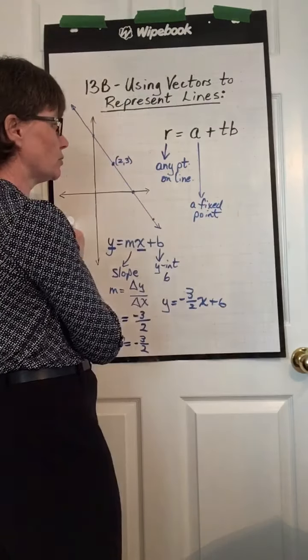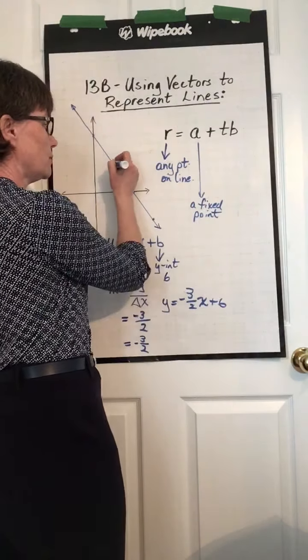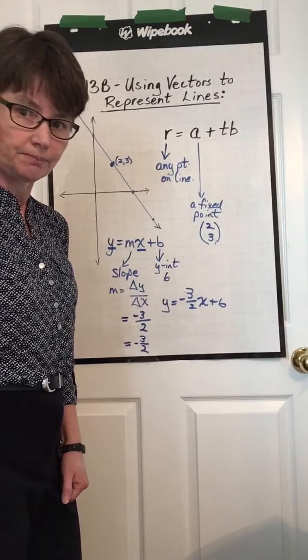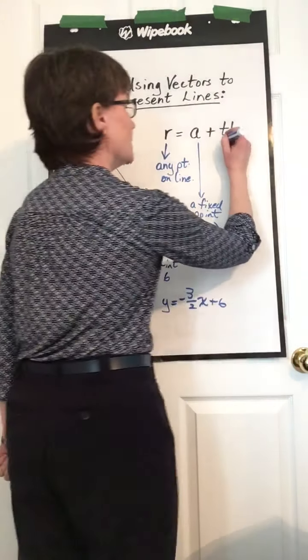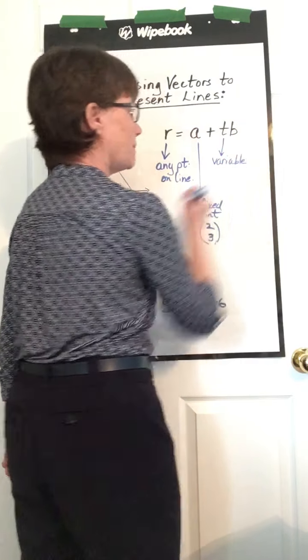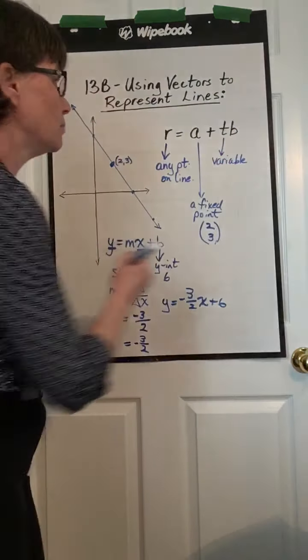So for example, 2, 3, this point right here, then we could say this point in vector form, or the position vector, the vector that would start from the origin and go to that point 2, 3, would be this vector 2, 3. Okay, t is the variable in this case, and usually it will be time. b is the direction vector.